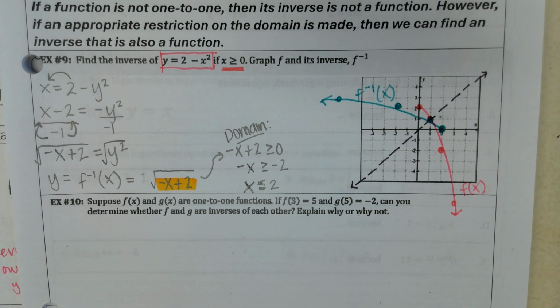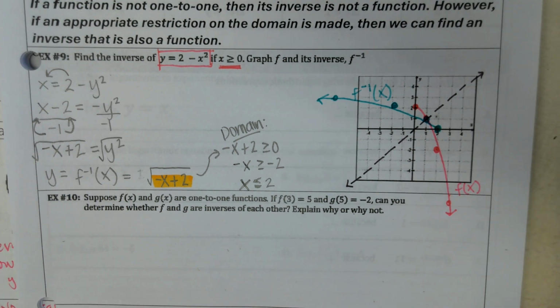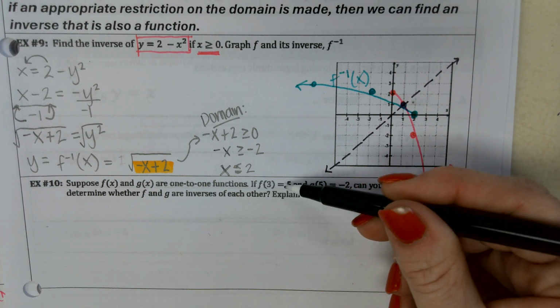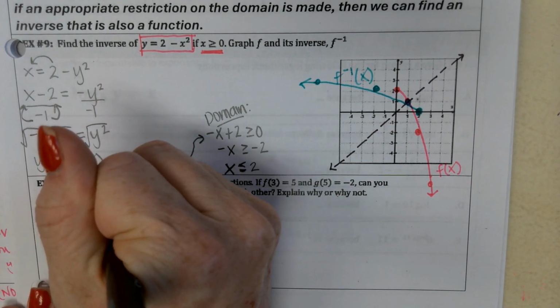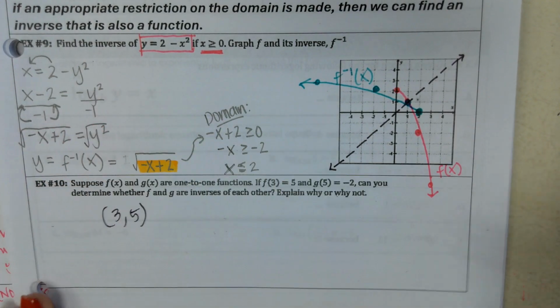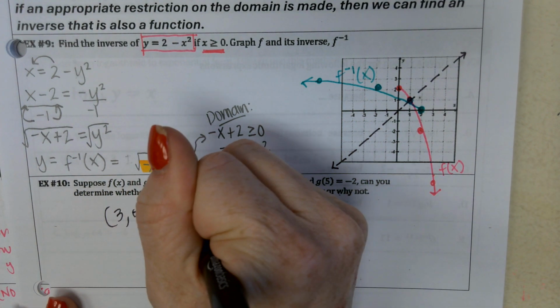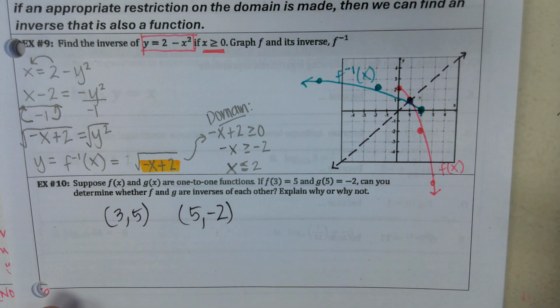All right? Down here at the bottom, it says, suppose f of x and g of x are one-to-one functions. You're told if f of 3 equals 5, that means you have the ordered pair 3, 5, and g of x has the ordered pair 5, -2, can you determine whether these functions are inverses of each other?